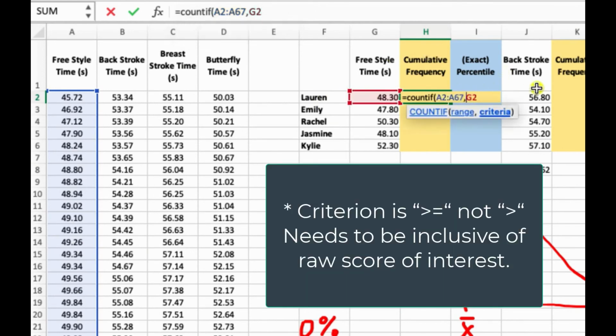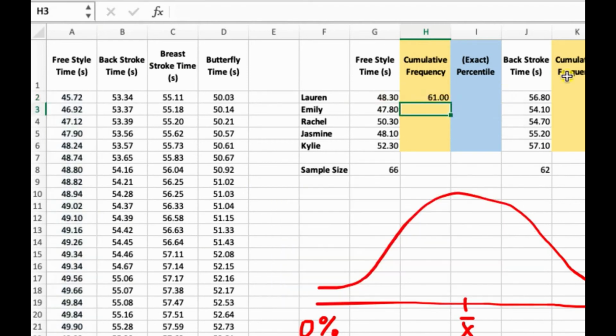Okay, and the criteria reference is going to be greater than the reference, right? So any times that were slower or had a greater time value are what we're going to be looking for in this box.